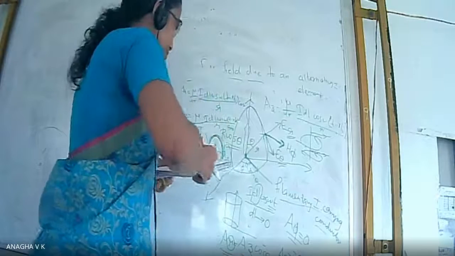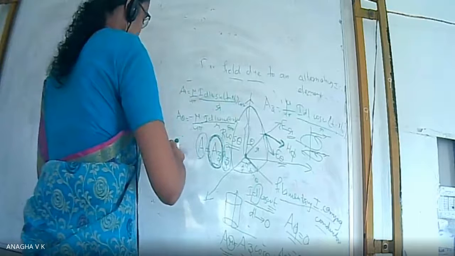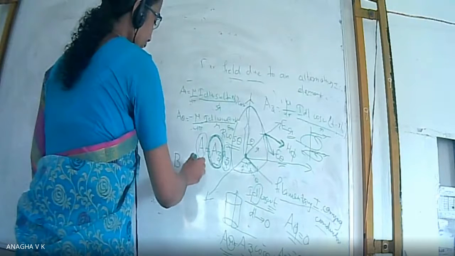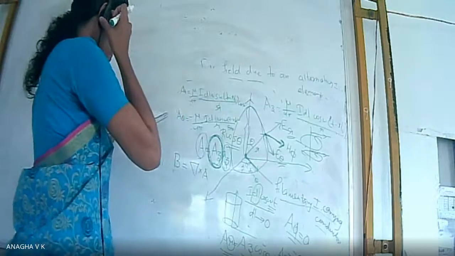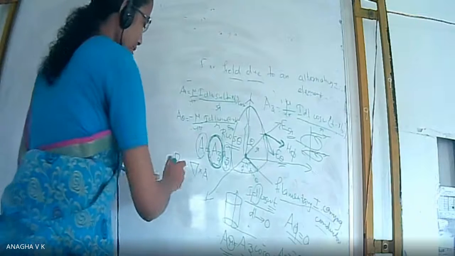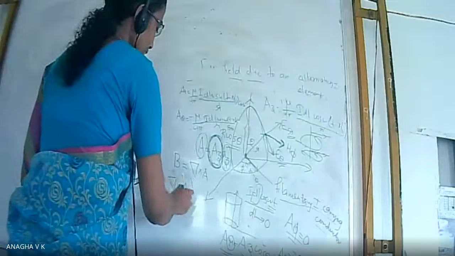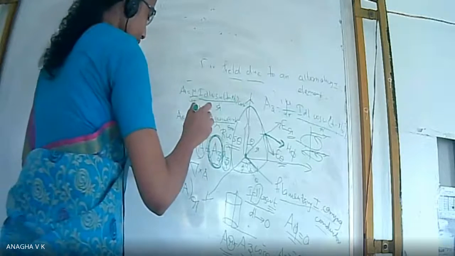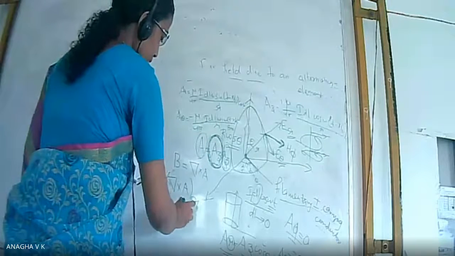Okay. So what is B? We know that B is equal to del cross A. When we do this del cross A in the r direction, we get 0.